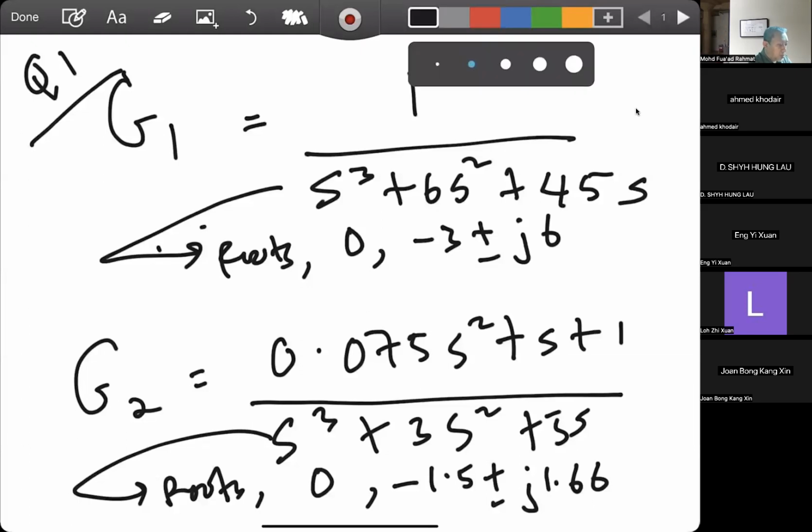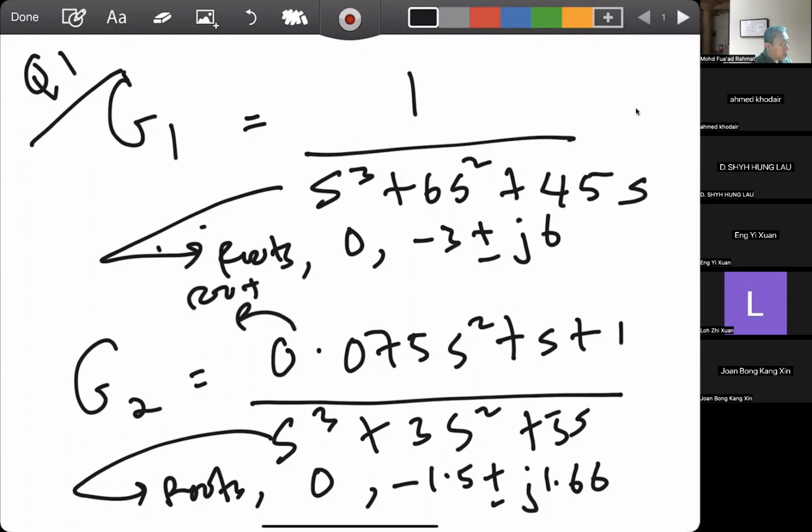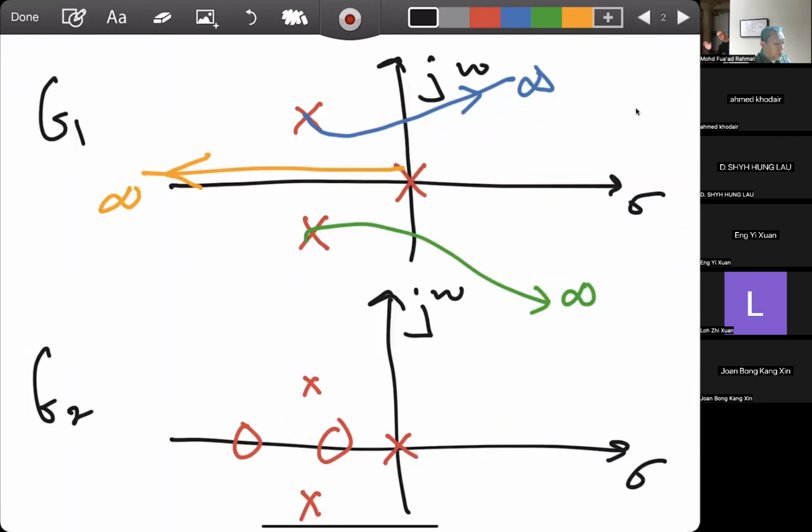Don't forget these are the poles. And we have zeros over here, which are minus 1.1 and minus 12.24. So this one has no zeros, this one has zeros. That's why you have 2 open loop zeros and 3 open loop poles.